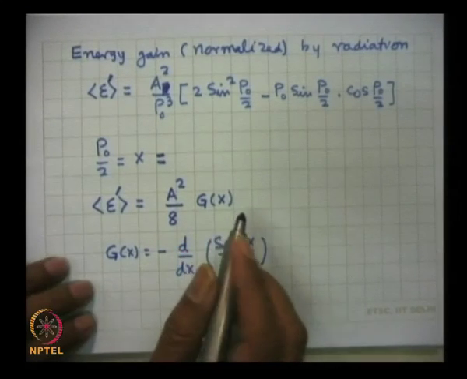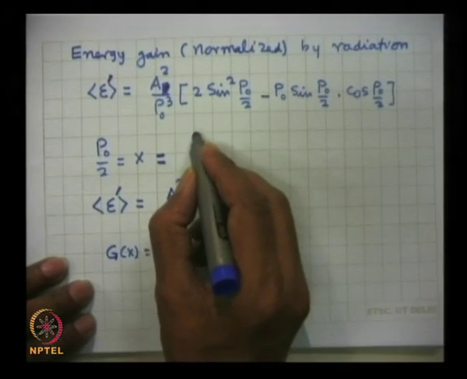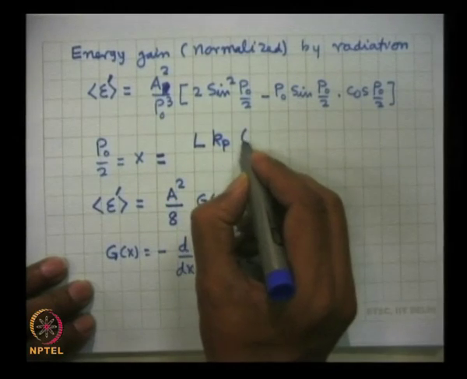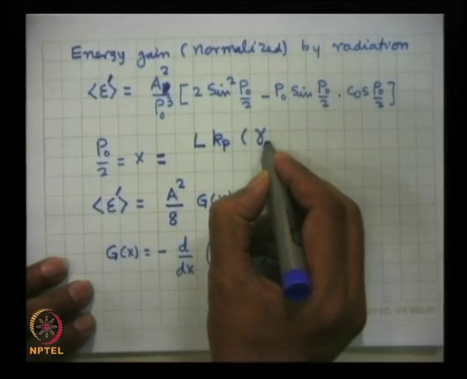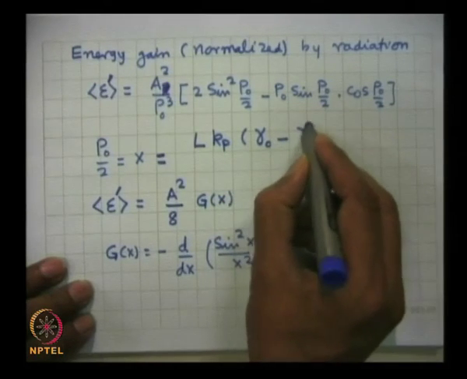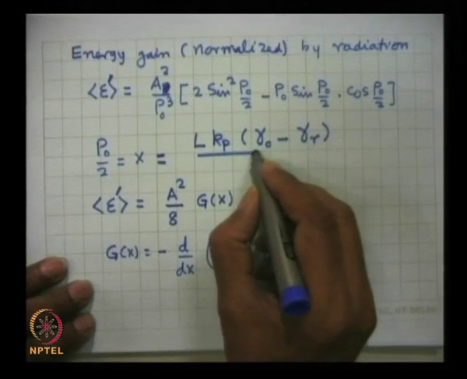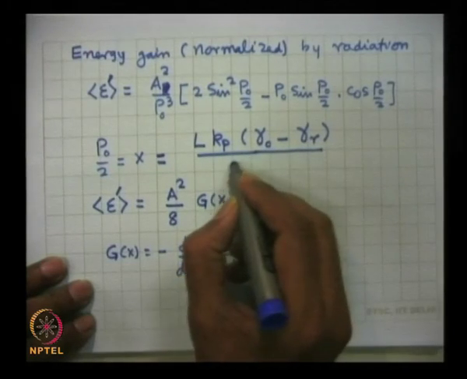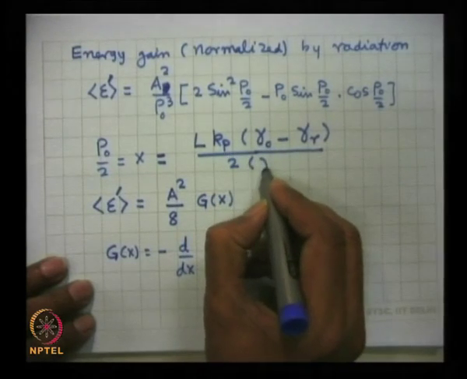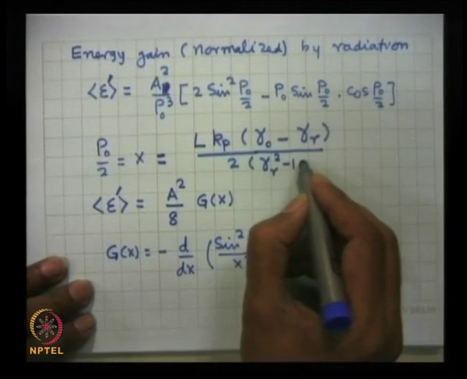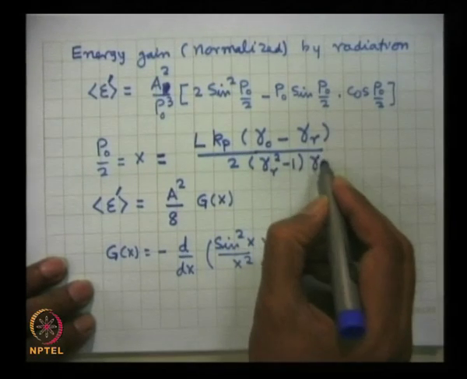This turns out to be equal to L Kp into gamma of the electrons in the beginning minus the resonant gamma, divided by 2 gamma r square minus 1 into gamma r.